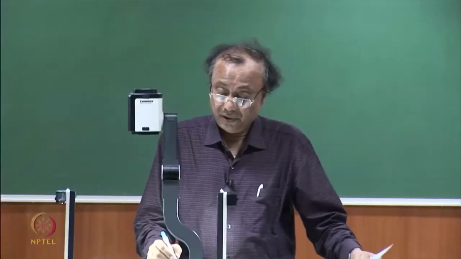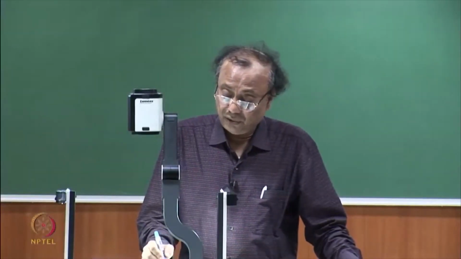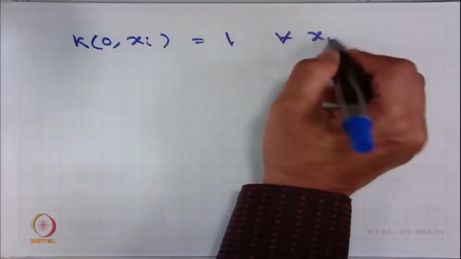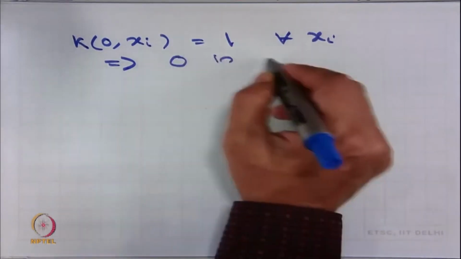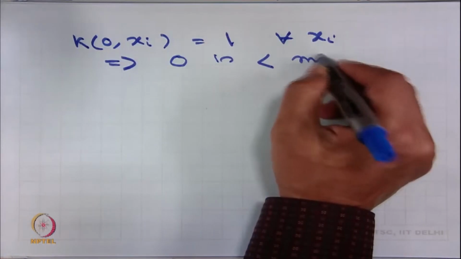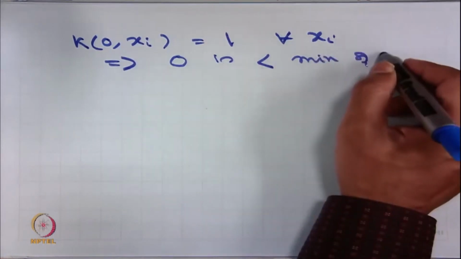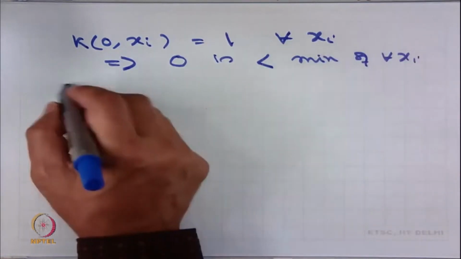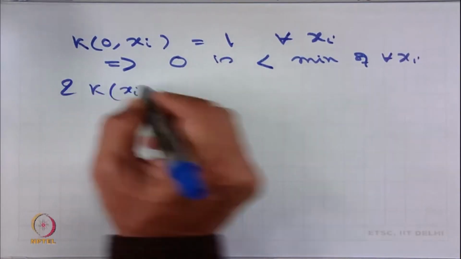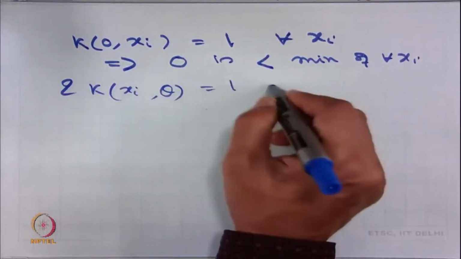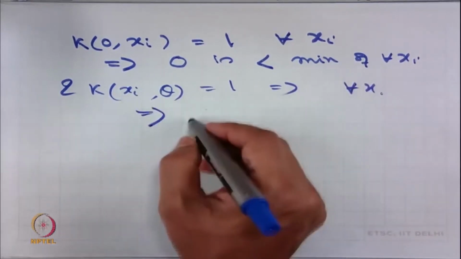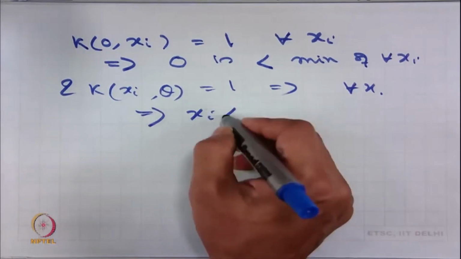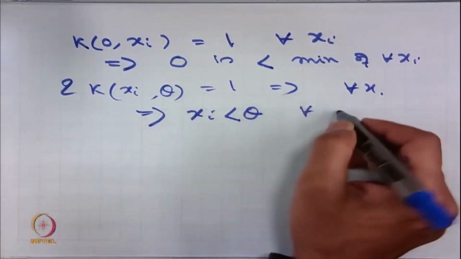Now, kappa(0, xi) equal to 1 for all xi implies 0 is less than the minimum of all xi, and kappa(xi, theta) equal to 1 for all xi implies xi is less than theta for all xi.